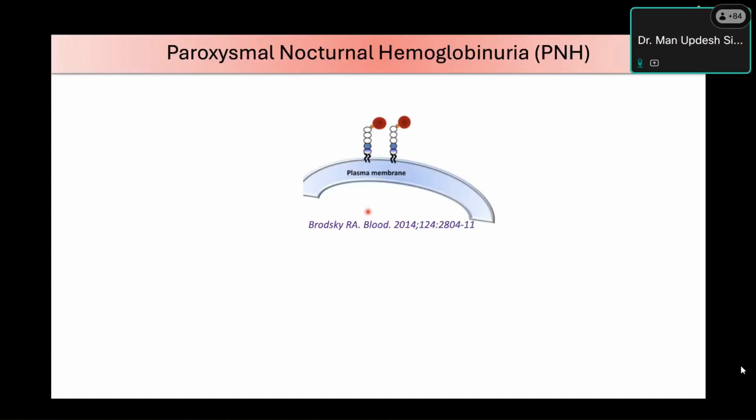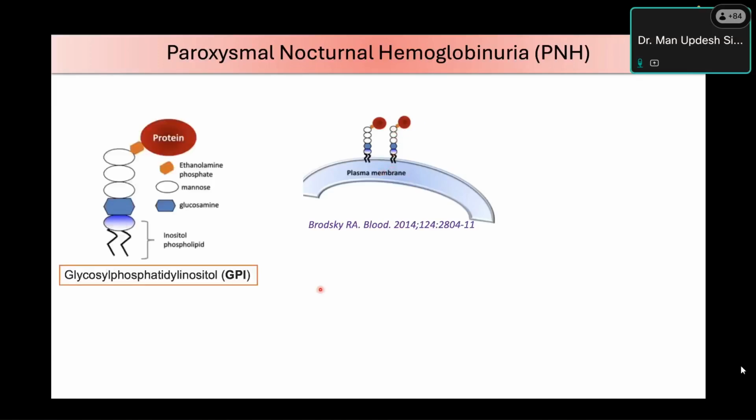So what happens there is that there is a protein which does not have its own anchor to anchor itself in the cell membrane, and so it utilizes something called the GPI. It attaches to the GPI, and the GPI has its anchor which goes inside the cell membrane, and that is how these GPI-anchored proteins remain on the surface of a cell membrane.